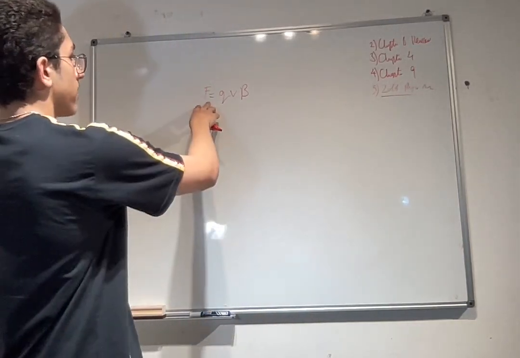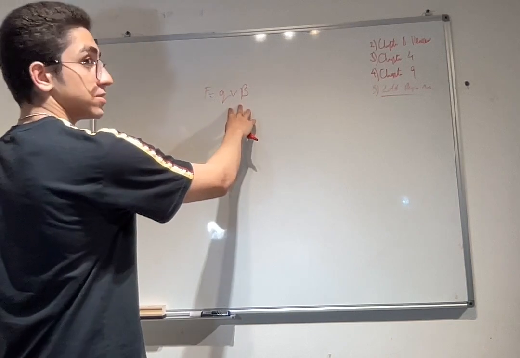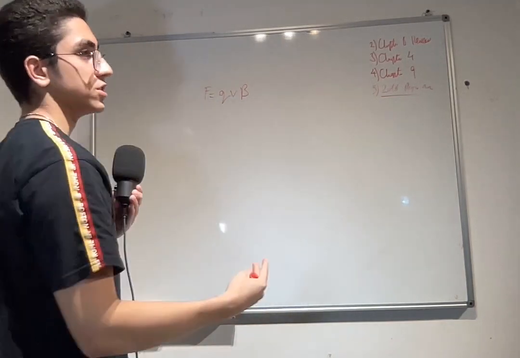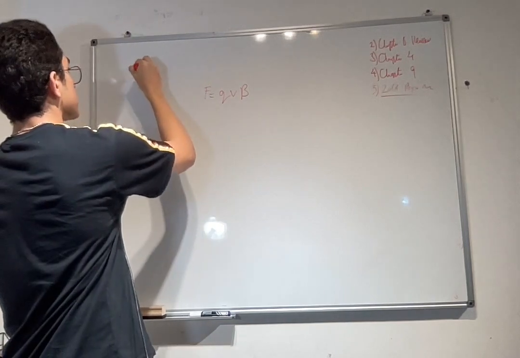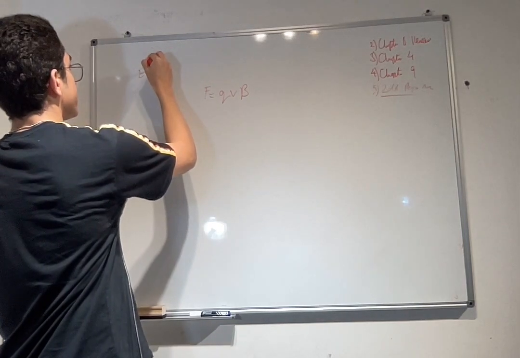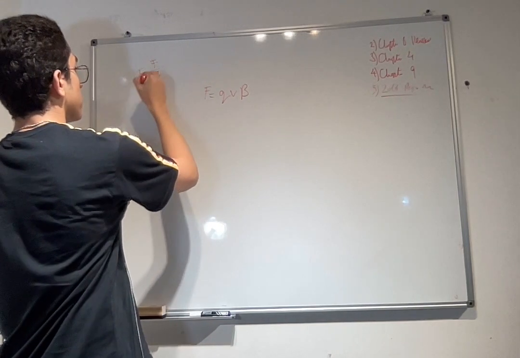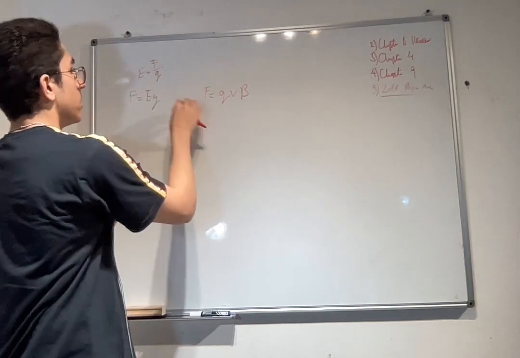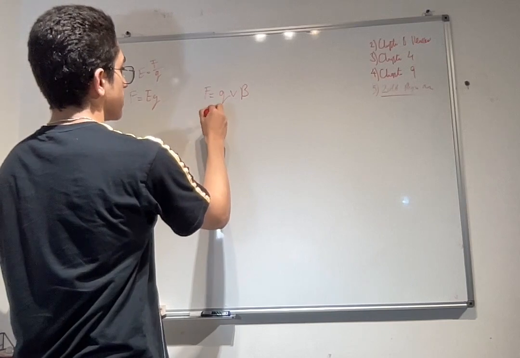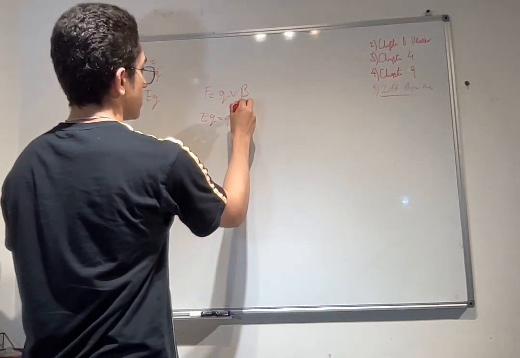Now we want to somehow transform this into a voltage equation. We know E is equal to force over Q, so we can write force as EQ and substitute that in here. So EQ is equal to QvB.